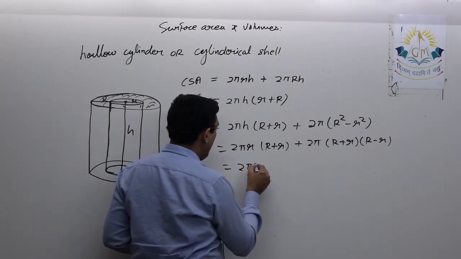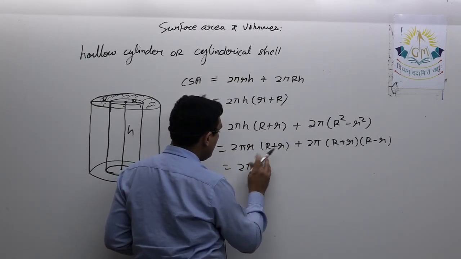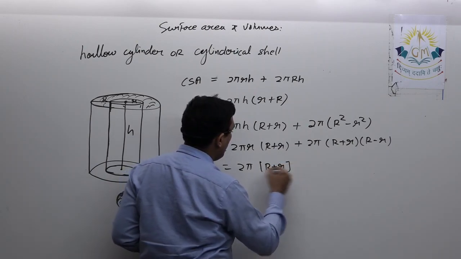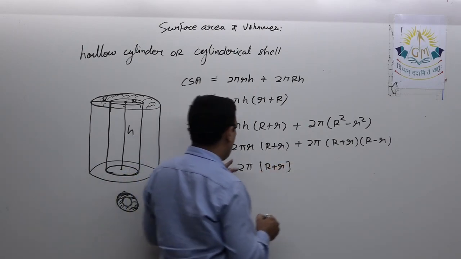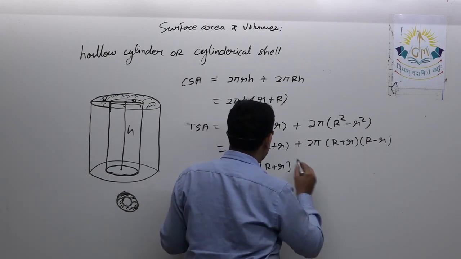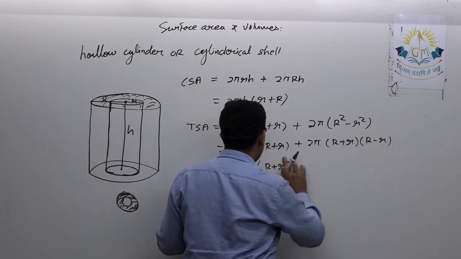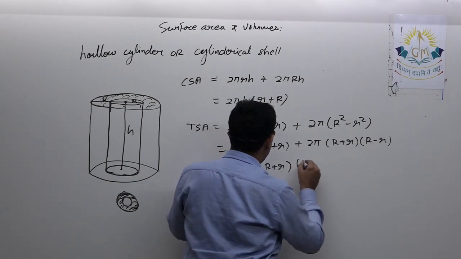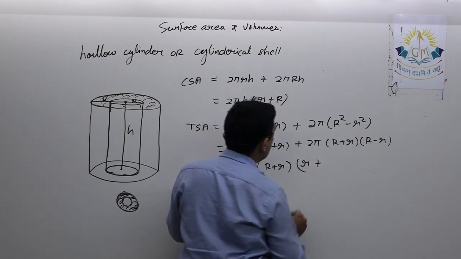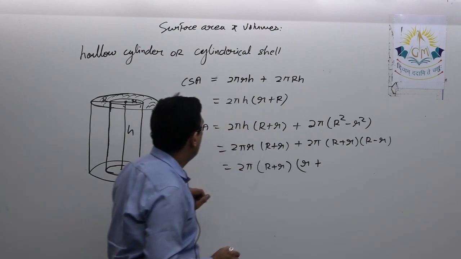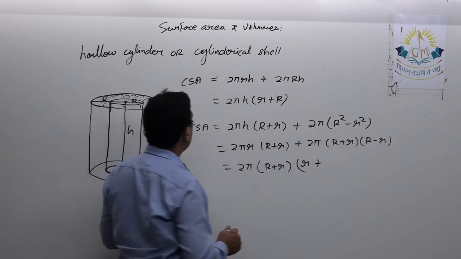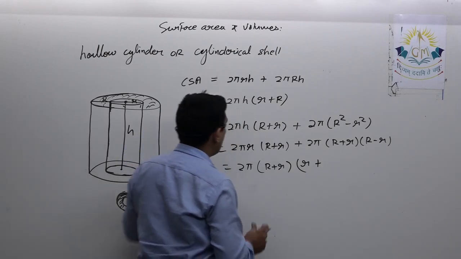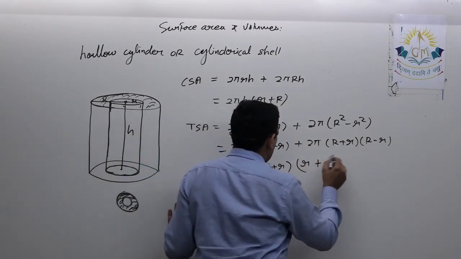So 2 pi, capital R plus small r can be taken common. So what are we left with? TSA.